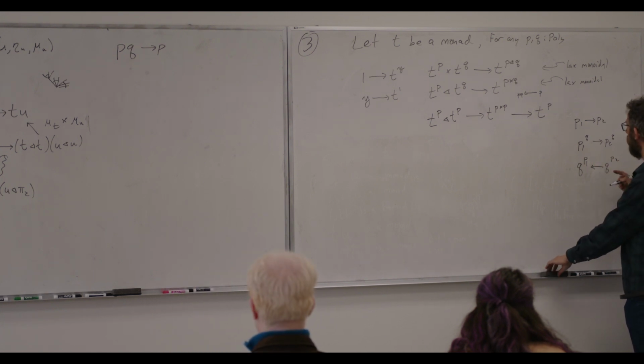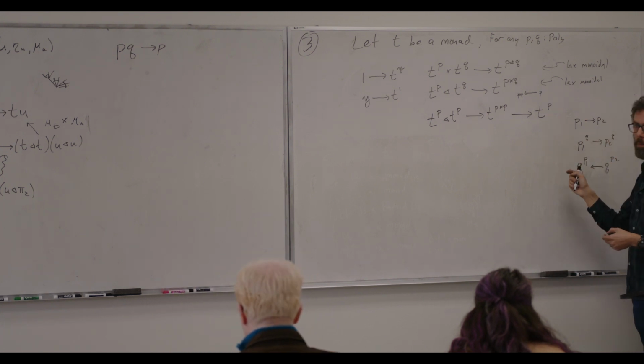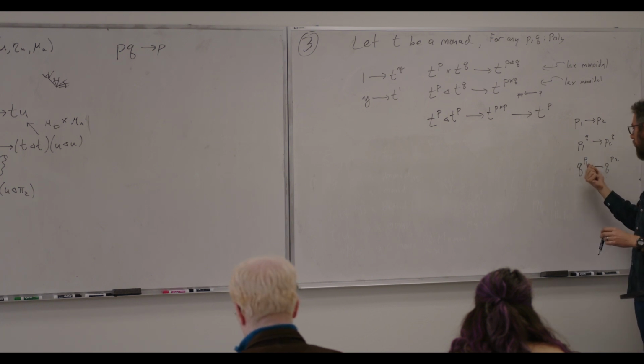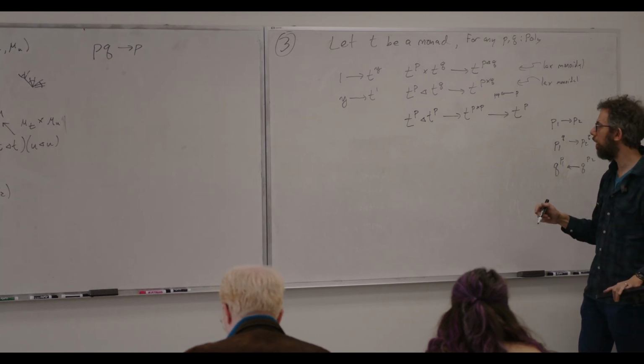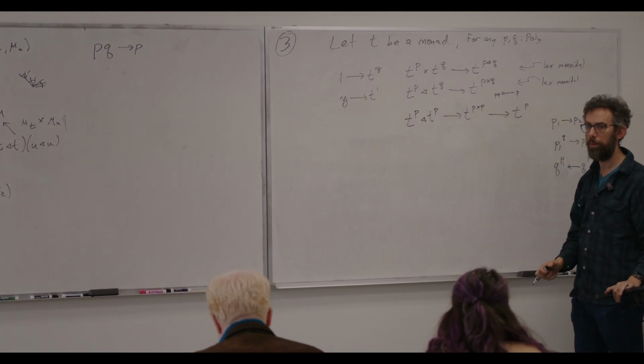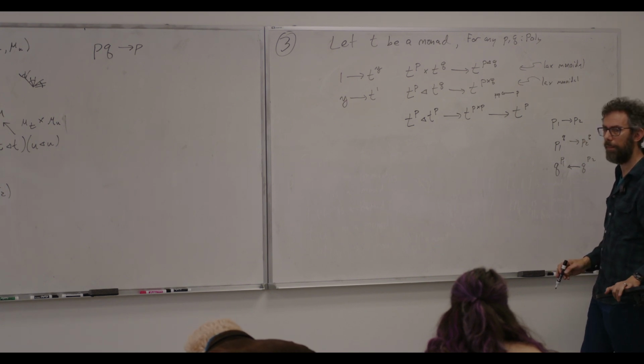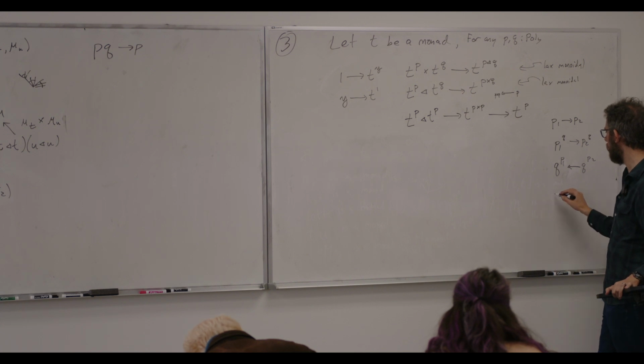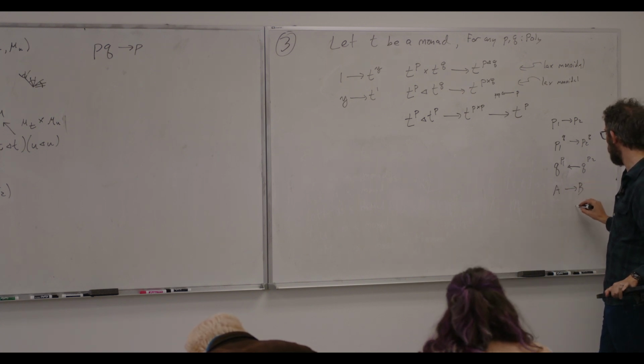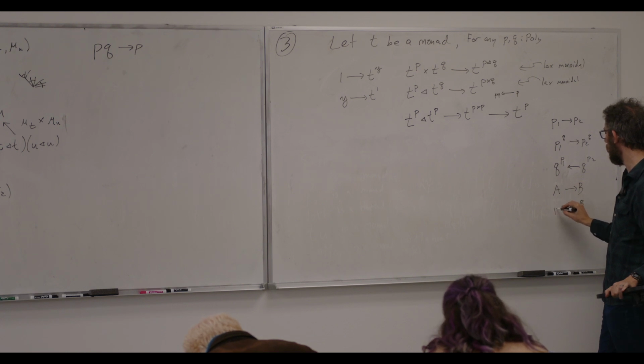So if I have a map forward, then I get a map backward. Exponentiation is contravariant in the exponent. When you have x to the a: if I have a map a to b, then I get a map from x to the b to x to the a.